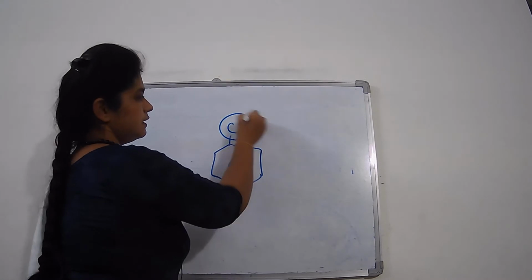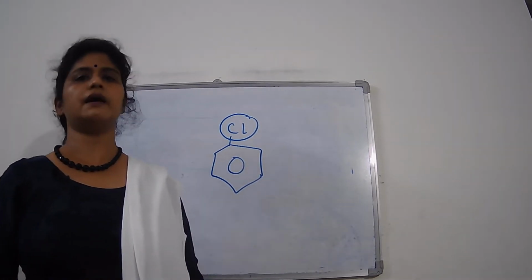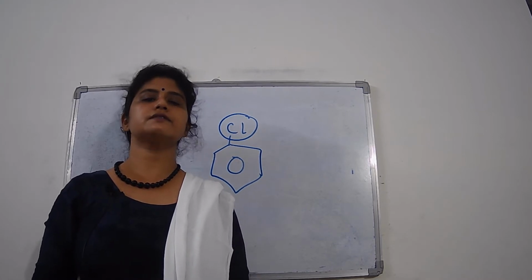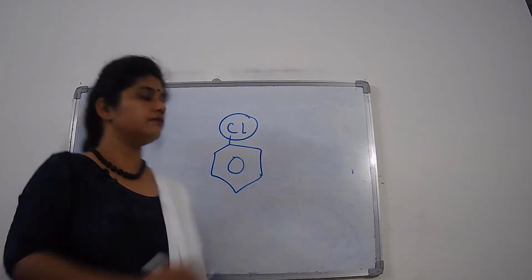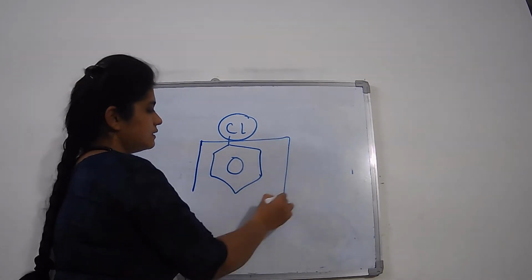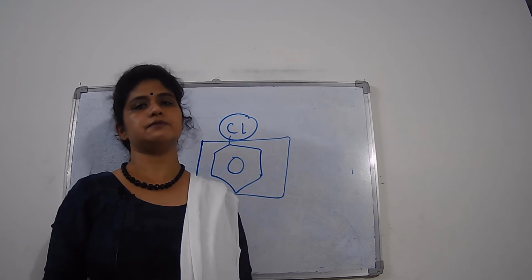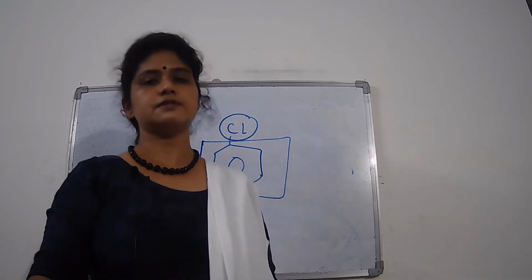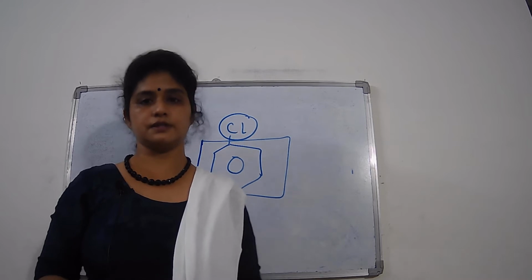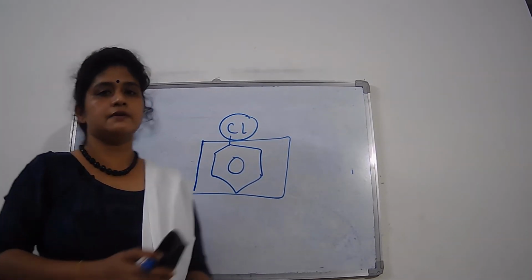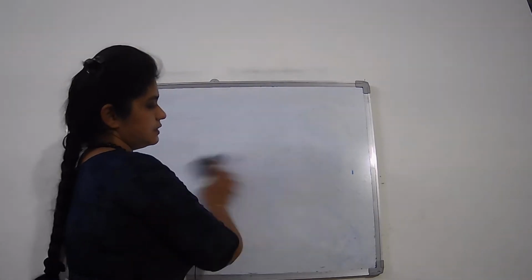Whenever this Cl gets replaced or substituted by another group or atom, that reaction is called a nucleophilic substitution reaction. But whenever there is a substitution at the benzene ring, we call it an electrophilic substitution reaction. We first discuss nucleophilic substitution reaction, where this Cl is substituted. We see all the reactions one by one.